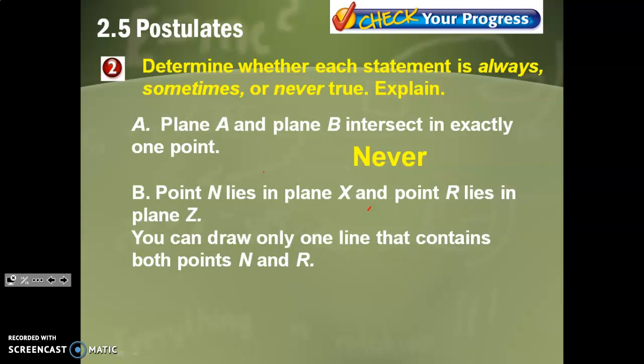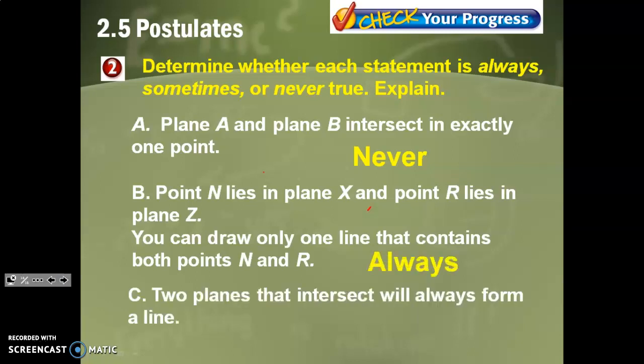Is there exactly one line that can be drawn through two points? Yes, and that would always be the case. It doesn't matter what the planes are doing. So that's always. And then two planes intersecting will always form a line. Again, that's going back to the earlier one, same thing. So yes, these will always intersect in a line.